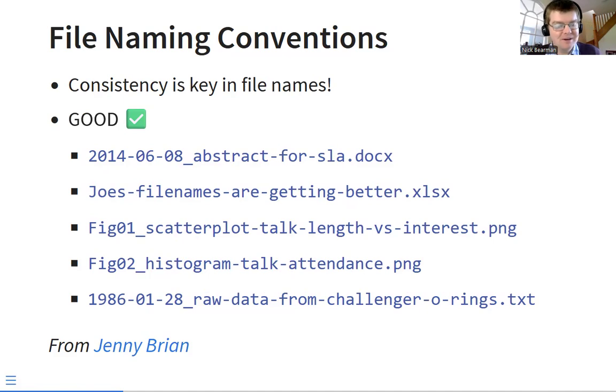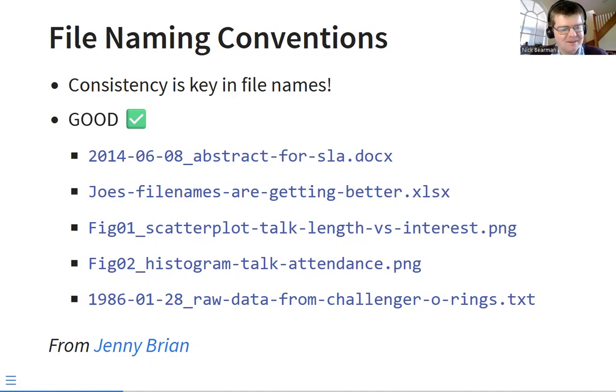And here are some really good examples. We've got a couple here with dates. That one at the top, 2014 June 8th, abstract for SLA. Here we've got hyphens and underscores used in a systematic way: hyphens for the date and underscore to separate the date from the title. Joe's file names are getting better, so well done, Joe.